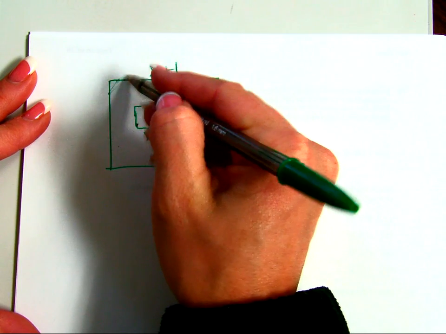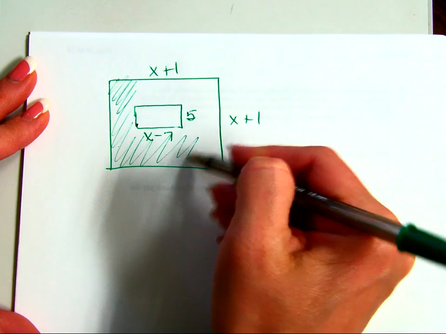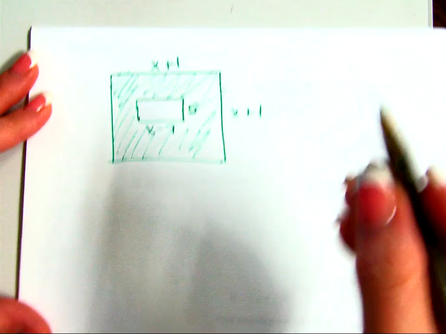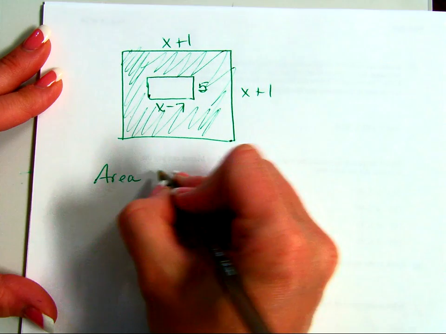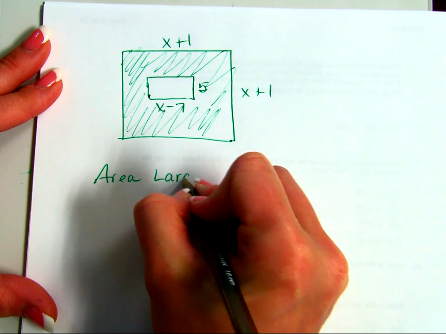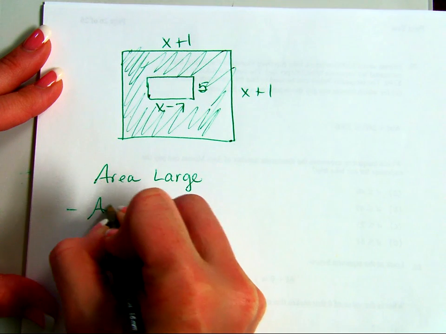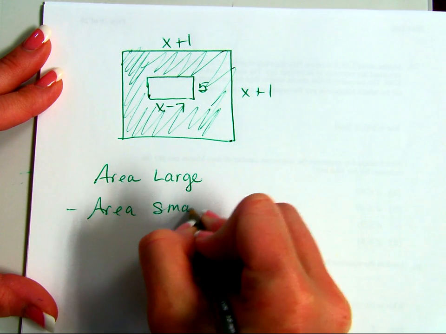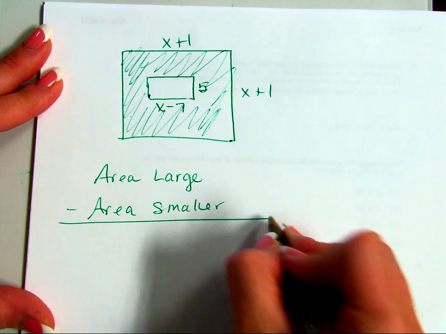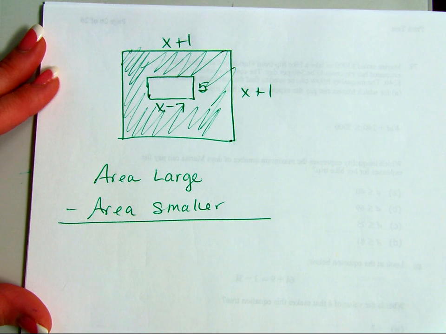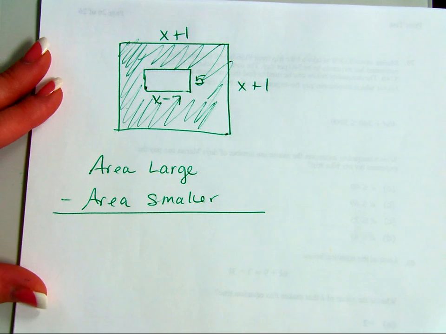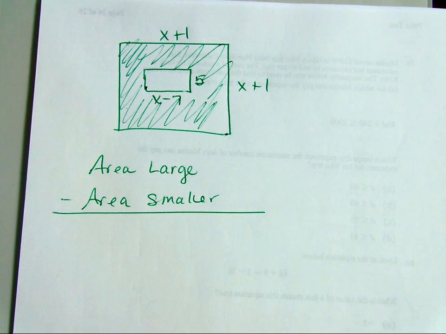And this is the shaded area. So let's talk about, what did we say? Area of the large shape minus the area of the smaller shape, and that will give me the area of the shaded, right? So let's find the area of the large.